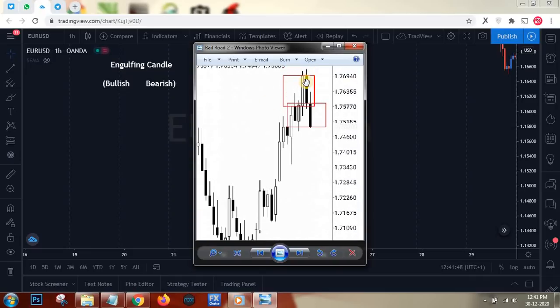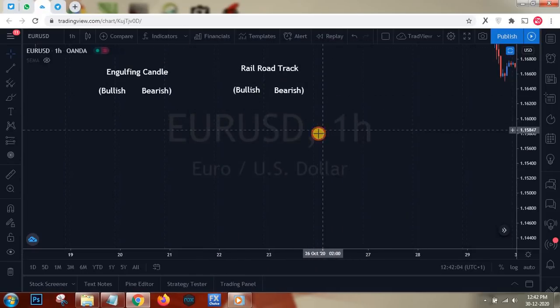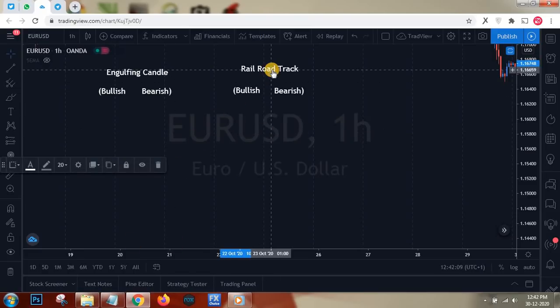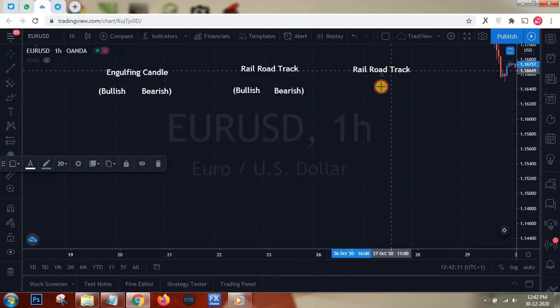Now, like I told you before, I would have loved to enter directly after this, or I'll wait for it to retrace up to the 50% of this candle before I enter for another sell. You understand?